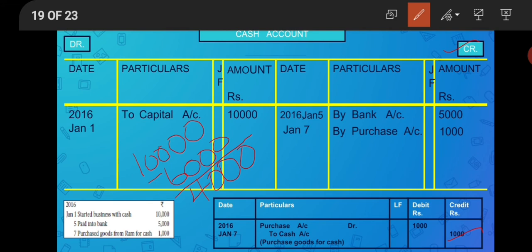இந்த டிஃப்ரென்ஸை நம்ம எங்கே எழுதுவோம்? இந்த டிஃப்ரென்ஸை நம்ம எப்போவுமே எந்த சைடு லெஸ் டோட்டல் இருக்கோ அந்த சைடு எழுதணும். ஸோ லெஸ் டோட்டல் வந்து கிரெடிட் சைடு இருக்குது. ஸோ we want to write in the less total side 4,000. How will you write? Means this is the balancing figure.